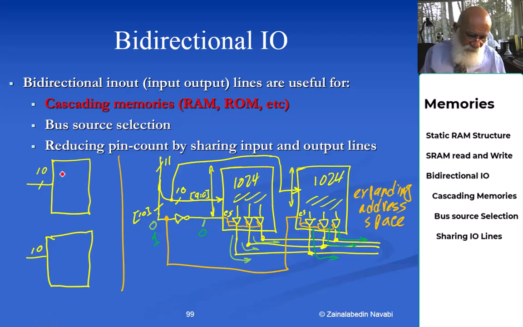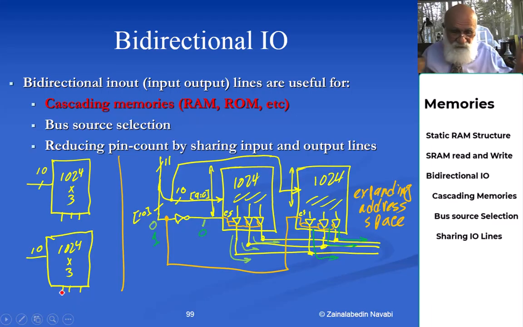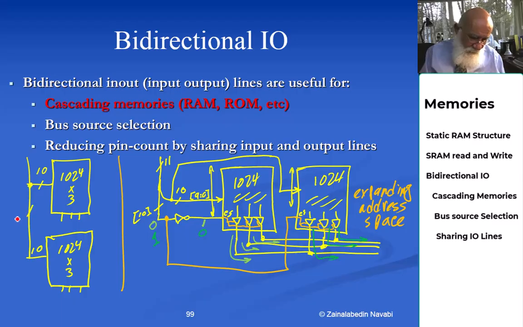Okay, 1024 by 3. This has 3 output lines, this has 3 output lines, also 3 input lines. And then you have your 10-bit address here.